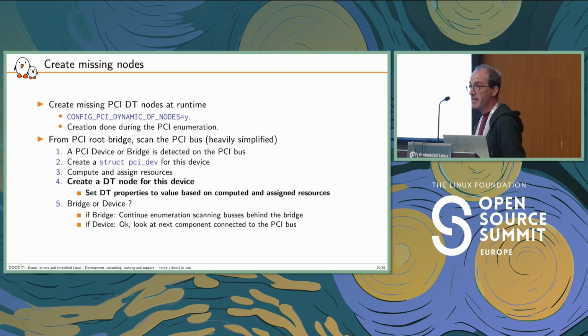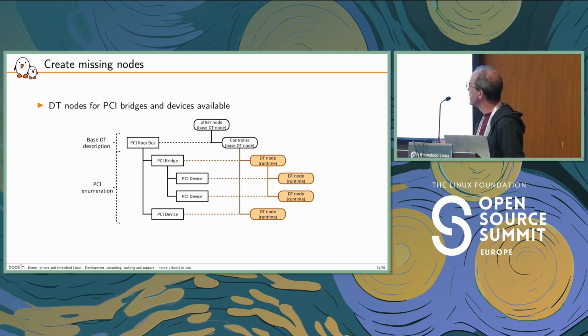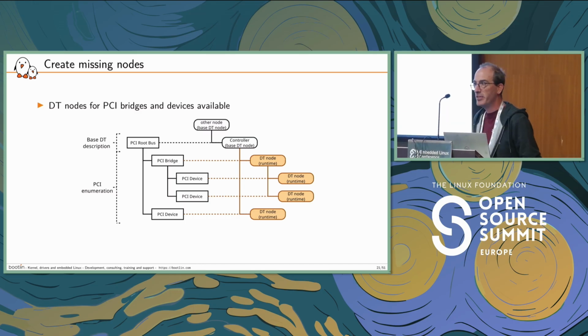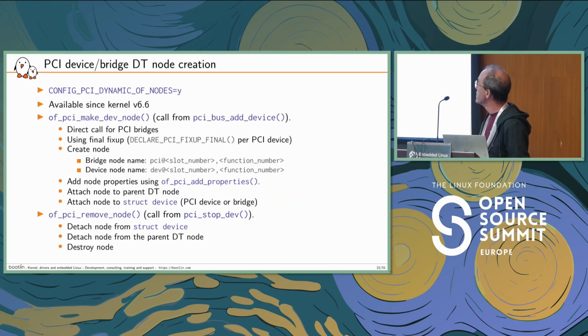In fact, the node creation and the properties in the node are set based on the resources computed during the enumeration. With that done, our representation is the following. In fact, several device tree nodes were created at runtime and attached to the device itself, PCI bridge and device, and to the parent node in the device tree.